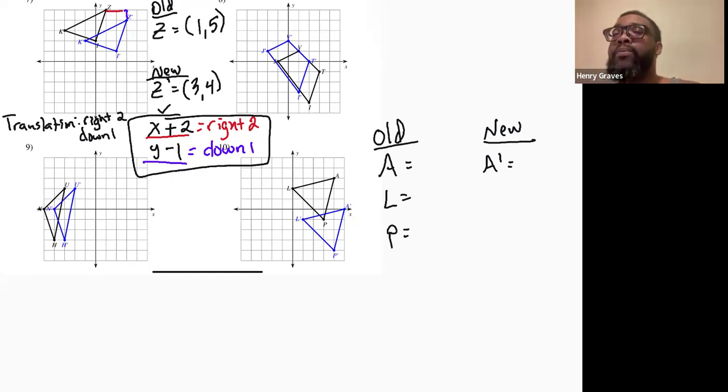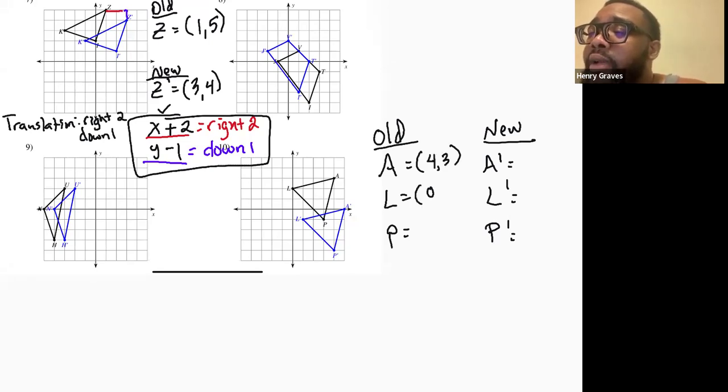So looking at the points for the two figures, A is at 4, 3, looks like. L is at 0, 2. And P is at 3, -1. And then my new A is at 5, 0.